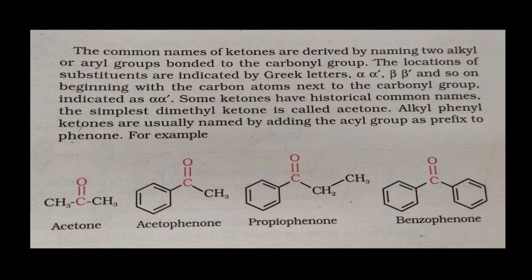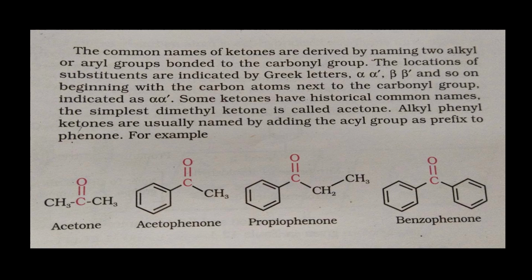The common names of ketones are derived by naming the two alkyl or aryl groups bonded to the carbonyl group. The locations of substituents are indicated by Greek letters alpha, alpha dash, beta, beta dash, and so on, beginning with the carbon atoms next to the carbonyl group, indicated as alpha, alpha dash. Some ketones have historical common names.